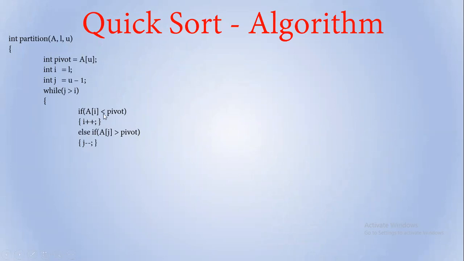If both of these are false, right? What is done is, if both of these are false, we can use else if. So if this is false, this will be checked. If this is also false, this will be checked.